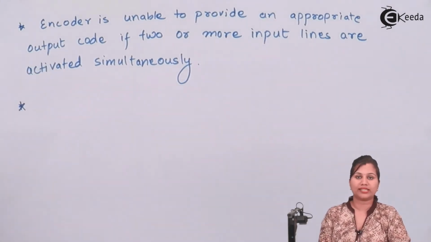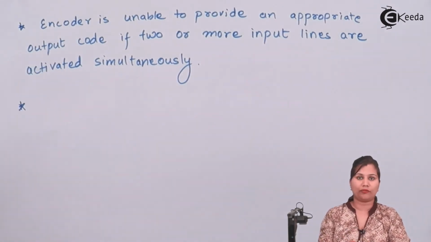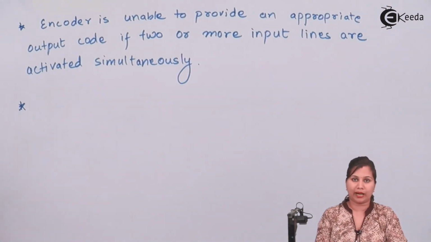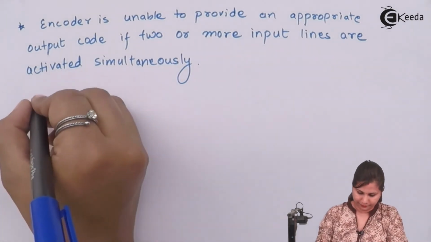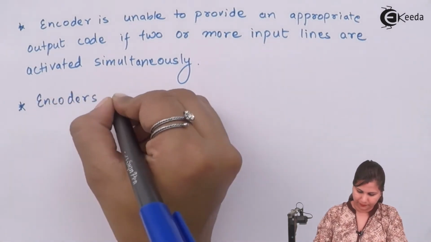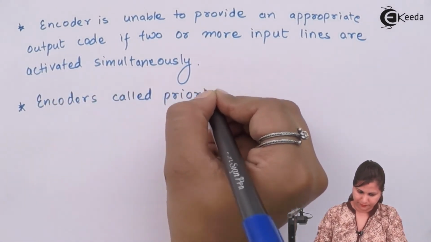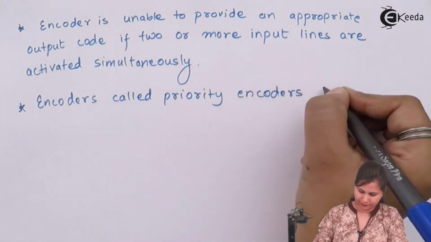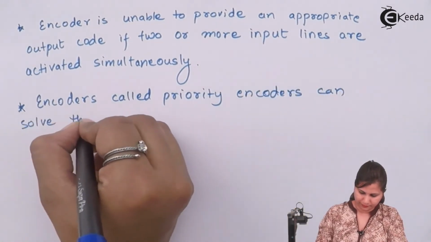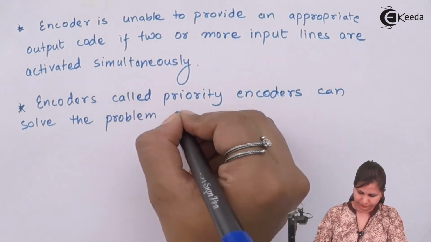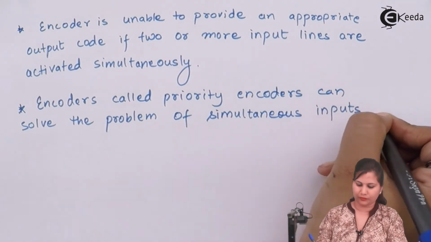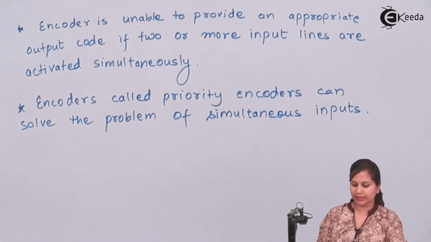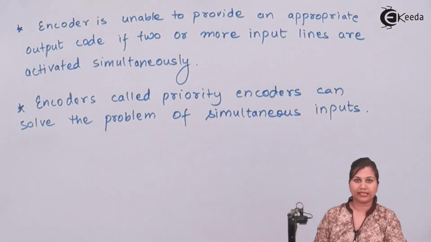These encoders check which line has the highest priority, and the line with the highest priority is the one for which the code is generated. So priority encoders can solve the problem of simultaneous inputs.